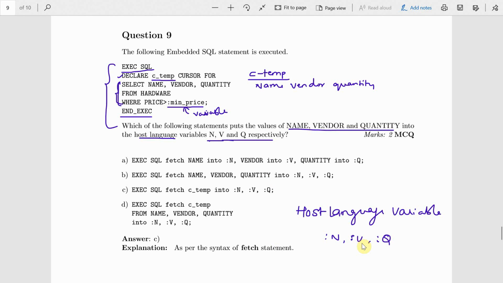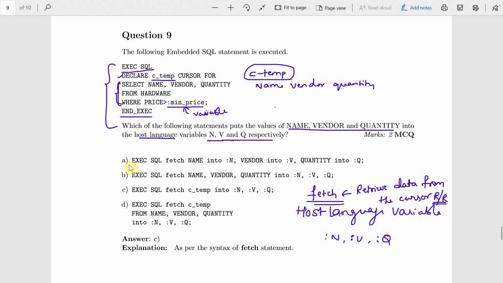Name, vendor, and quantity are to be fetched from the cursor variable ctemp. Fetching data from the cursor is possible using the FETCH keyword. Fetch retrieves data from the cursor record by record, one record, then another record.